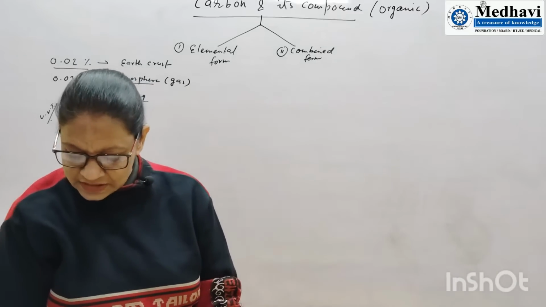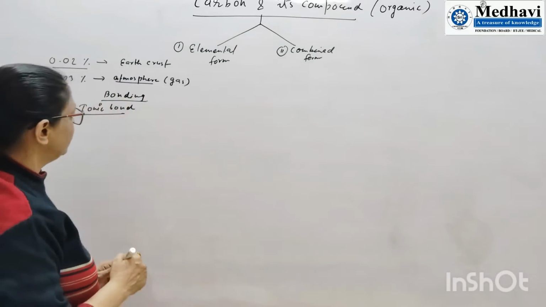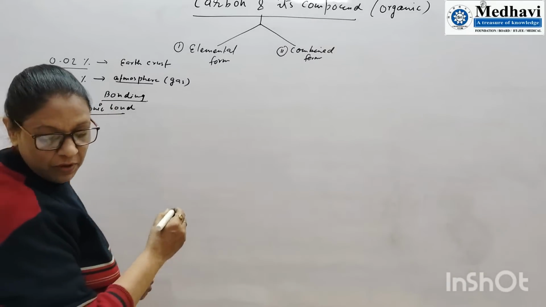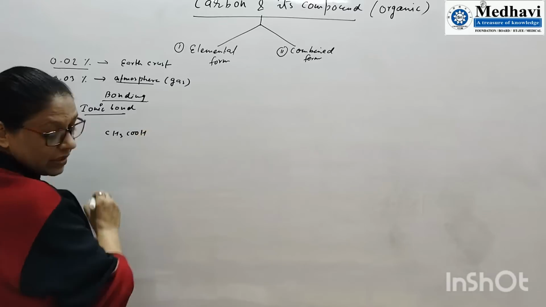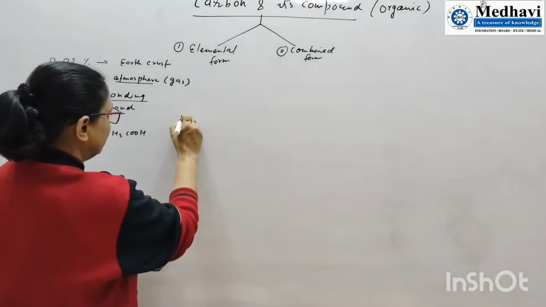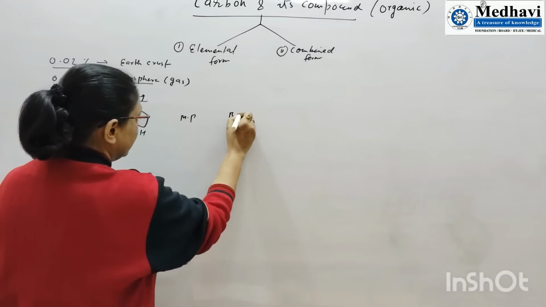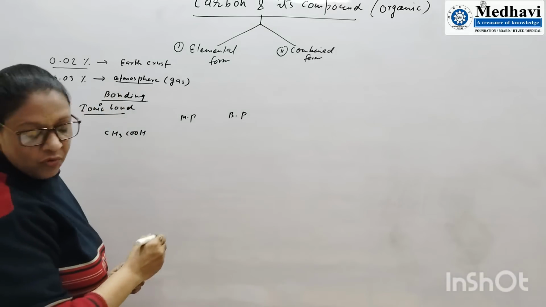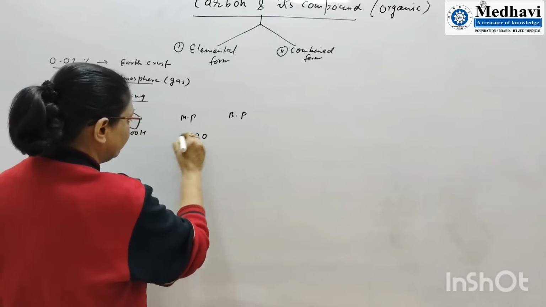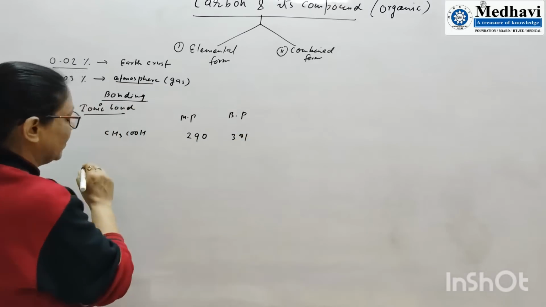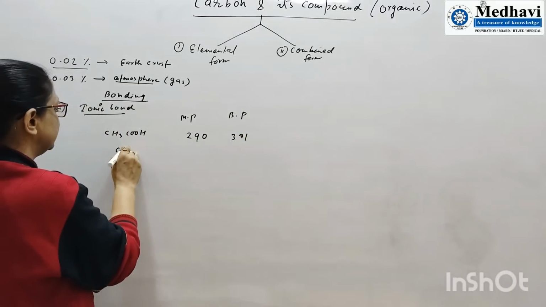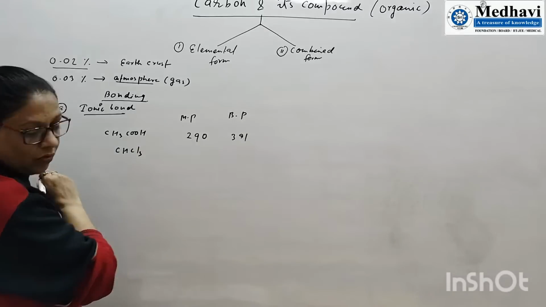Here one table is given in the NCERT book, that is a very important table, very important information. If you focus on this information, then it will be very easy to give a final conclusion about carbon and its compound. This is ethanoic acid. This is CH3 chloroform.